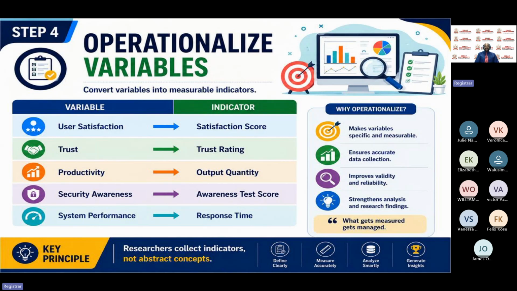The awareness test scores, what we use for testing the network security. For system performance, we basically measure response time. I'm saying one variable and one indicator. Now, these indicators can be collected using many data collection points. This is how we operationalize the variables to an indicator. This is the same in the case of social science research also. So up to step 4, there is no difference.